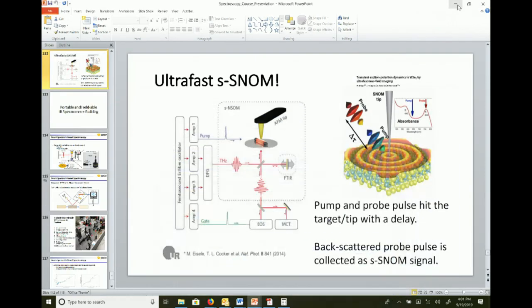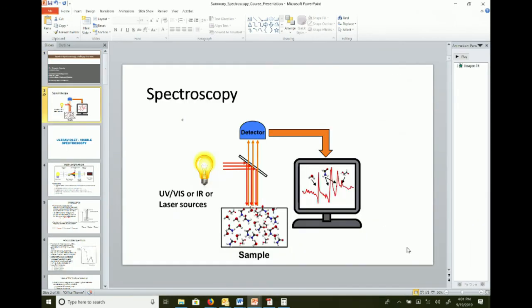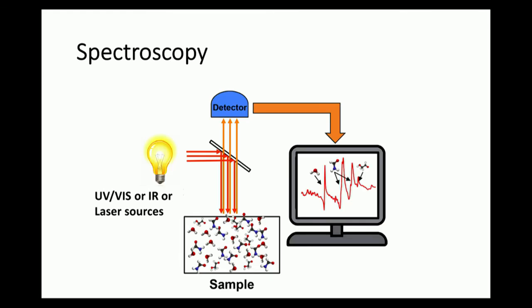Just to summarize what we did in the last two days, I'll try to go through it in two minutes, really two minutes. We started with spectroscopy to understand materials: we need a light source, the light goes into the material, we collect the signal back, and look at the signal as a function of wavelength.